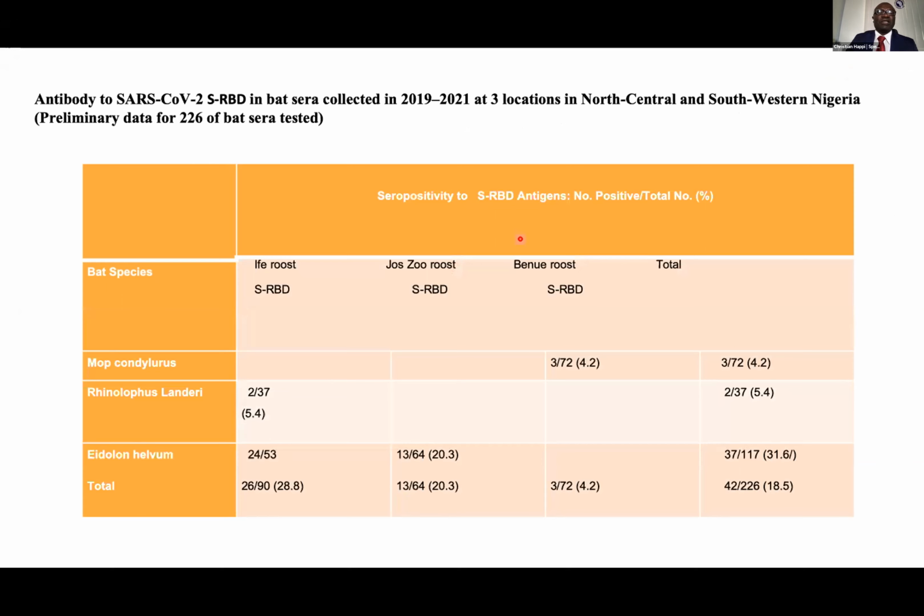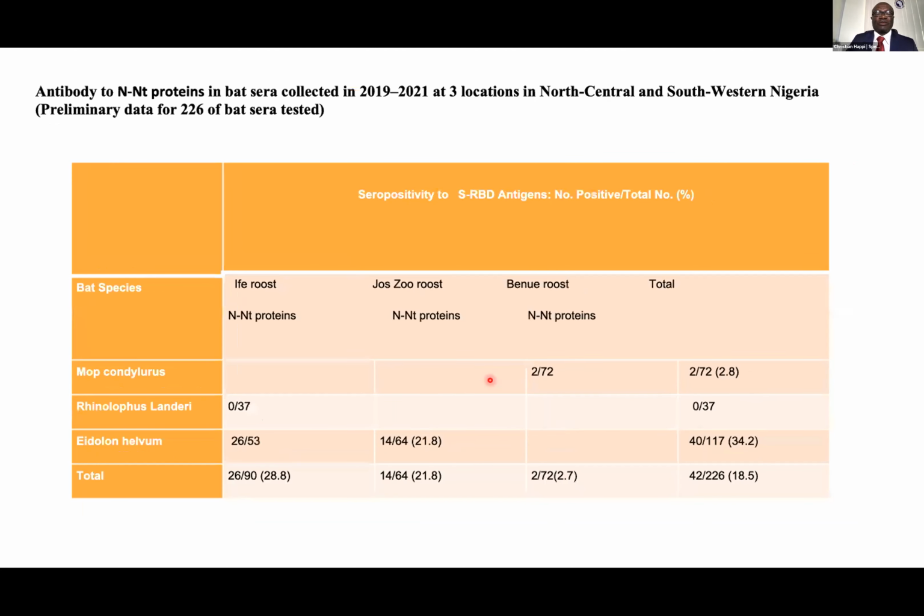What is very important in this study is the fact that we've identified quite a number of bats that seem to be harboring antibodies to SARS-CoV-2. This is showing antibodies to the proteins in bats in several places in southern Nigeria.